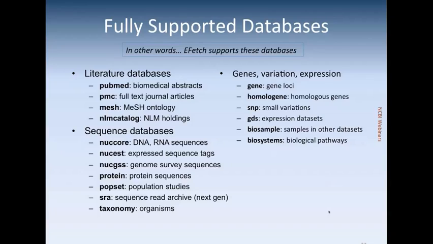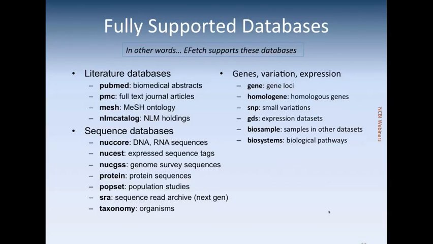In the sequence databases, the major ones, all the nucleotide and protein sequence databases, as well as PopSet, SRA, and even taxonomy are covered. And we cover gene, homology, SNP, etc. So there's a variety of databases, and we're adding more from time to time that Fetch will support. I believe we actually have support for ClinVar now, and it's not actually listed on this slide, so we need to update that. But we're continuing to get more and more of these databases online.